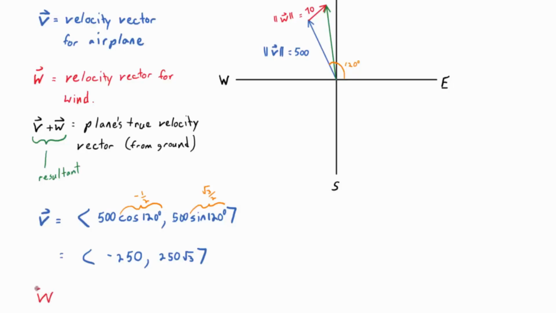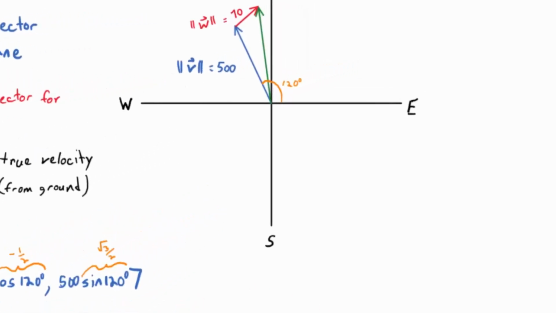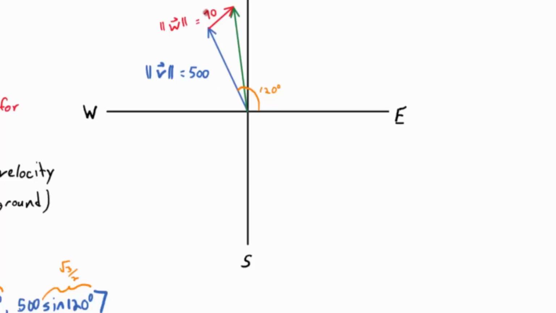Okay, now W. What was the magnitude of W? 70. So it's going to be 70 cosine something, 70 sine of something. Well, that something is the direction angle. It's a little harder to tell when you don't put the tail at the origin, but when you put the tail of a copy of W at the origin, hopefully it becomes obvious that this angle is what? 45 degrees.